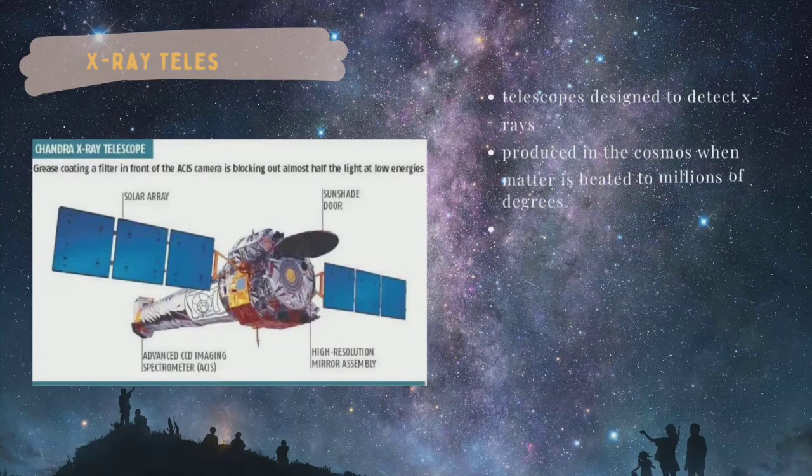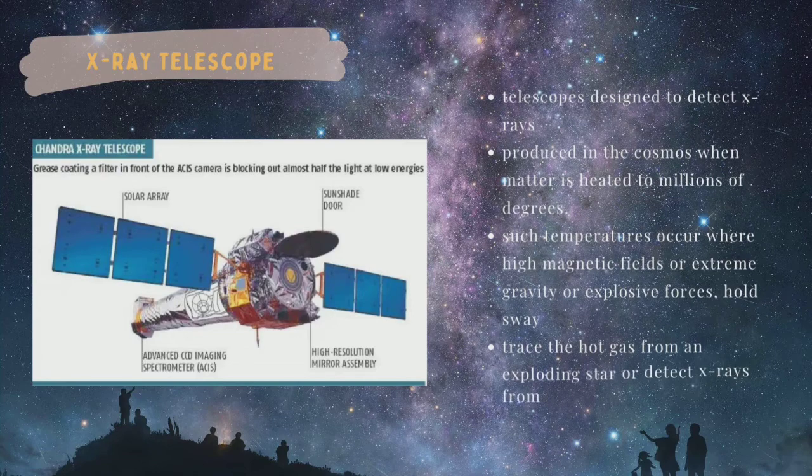The second one is the X-ray telescope, known as Chandra X-ray astronomy. The X-ray universe refers to the universe as observed with telescopes designed to detect X-rays. X-rays are produced in the cosmos when matter is heated to millions of degrees. Such temperatures occur where high magnetic fields or extreme gravity or explosive forces hold sway.